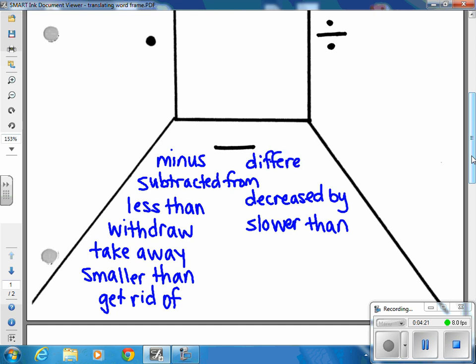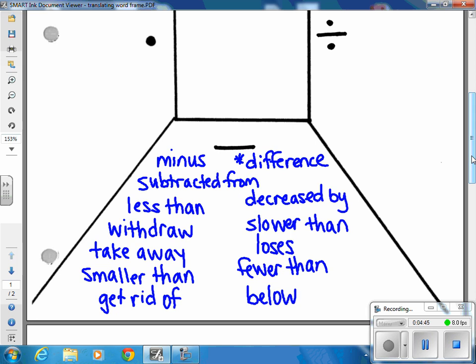Like sum was the big one for addition, difference is the big one for subtraction that you will see a bunch of. Loses. Somebody loses weight, they're losing pounds, they're subtracting it off. Fewer than. Below. Okay, so those are just a few of the ones that mean to subtract.